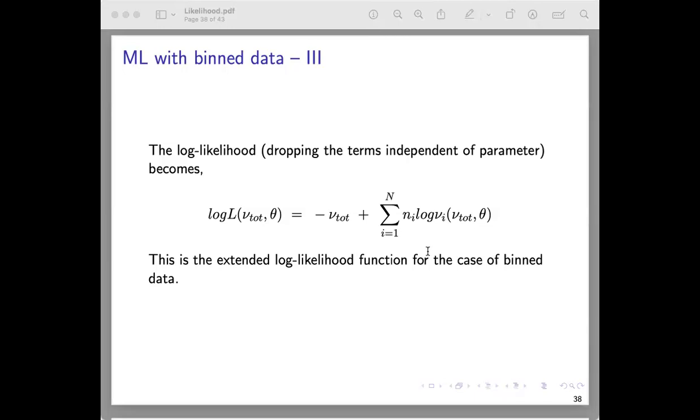Not sure if anyone knows this. What is the exact limit for going to Poisson? No, okay, we can come back to this maybe during the school.